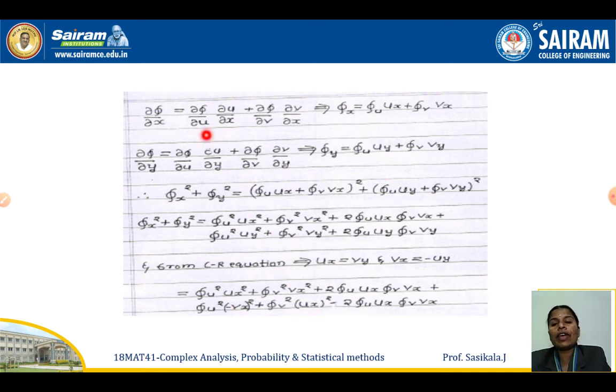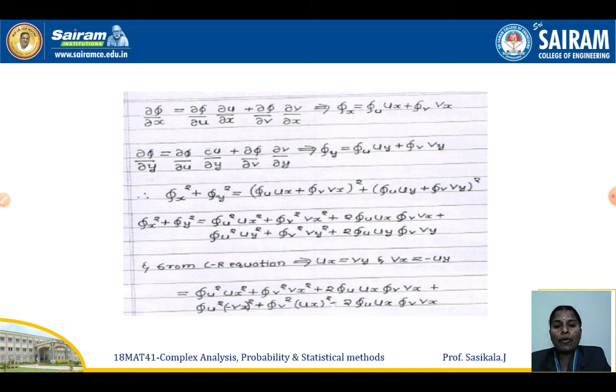So I'll get dou phi by dou u into dou u by dou x plus dou phi by dou v into dou v by dou x. Okay, similar for the y function also. I'll get phi x is equal to phi u into ux plus phi v into vx. Similarly, phi y is equal to phi u into uy plus phi v into vy.